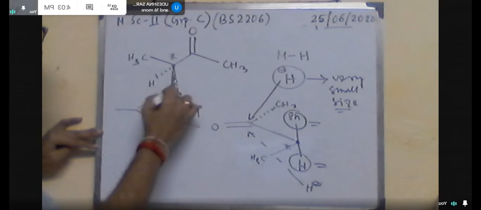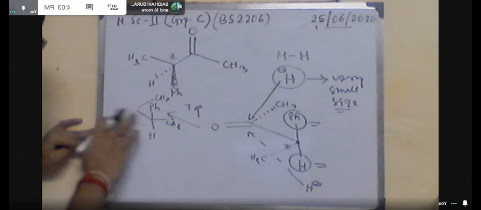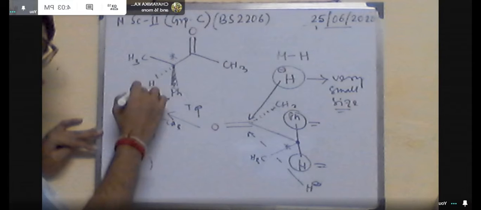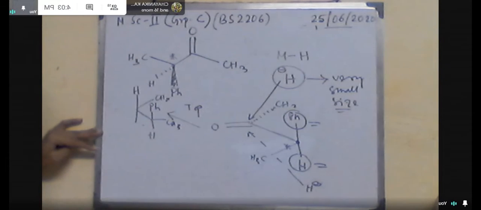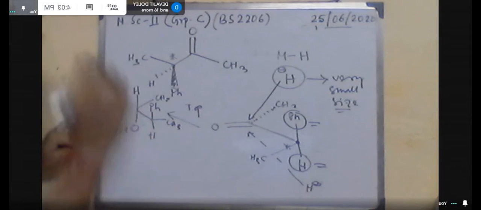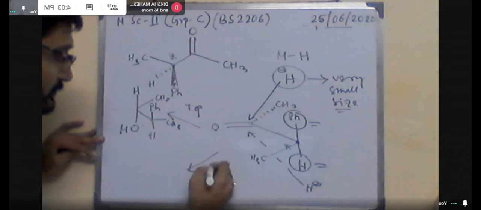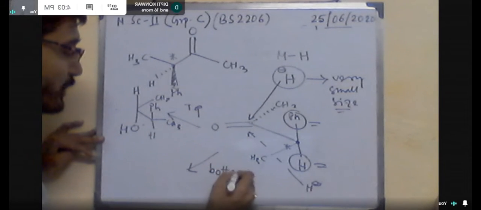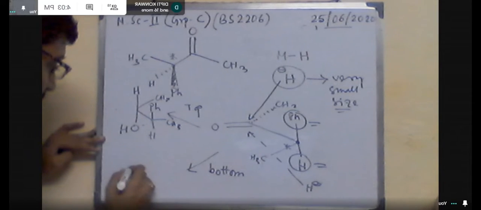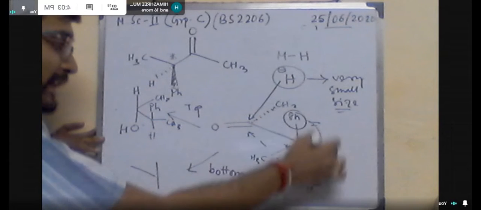When the hydride attacks from the bottom side, the OH will be on the top side. Now in this projection, or in this conformation, you can see that this is the bulky group and this is the least bulky group. So there is less steric repulsion, basically no steric repulsion, or you can see both the bulky groups, OH and phenyl, are anti with respect to each other to minimize the steric repulsion.